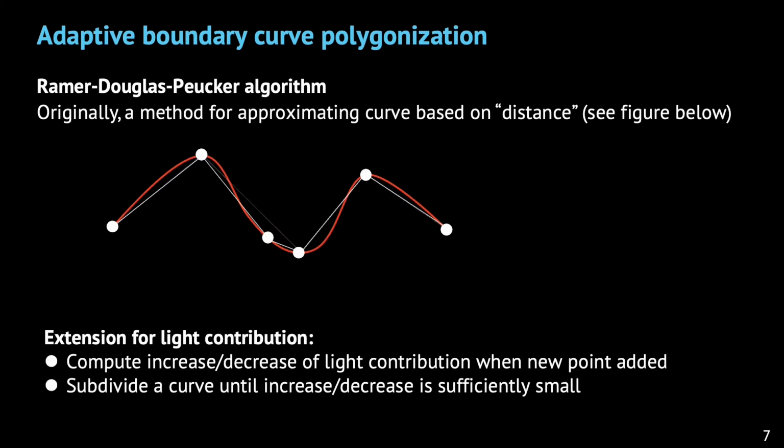As we can see, an intermediate point on the target curve farthest from the approximated polyline is added one after another until the entire polyline is sufficiently close to the target curve. The original algorithm is based on the distance from the polyline to the curve. In contrast, our method focuses on how the illumination will be changed when a new point is added to a polyline and continues adding points until the change is sufficiently small.